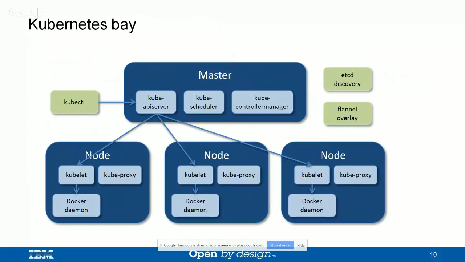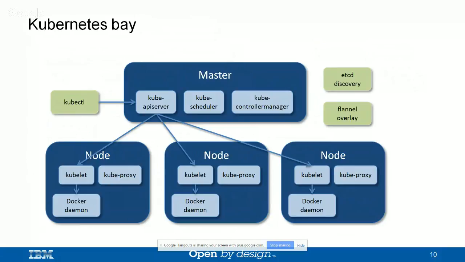On the right side there, you see etcd. Here also we use etcd for discovery, and etcd is used both by Kubernetes and Flannel. Basically, it is used to hold the key value pairs and share them among the nodes.